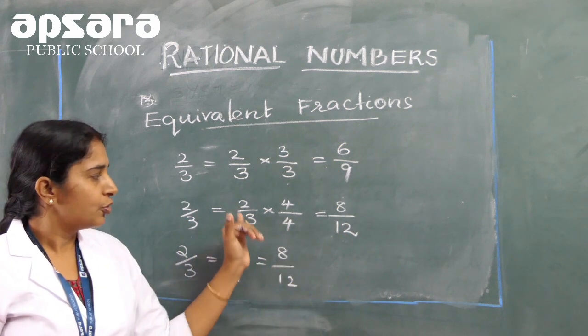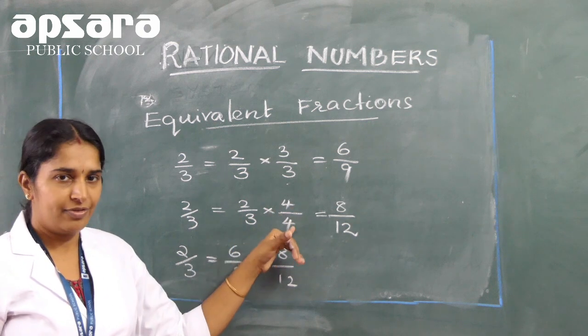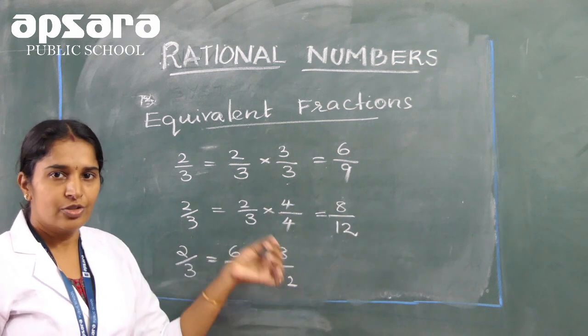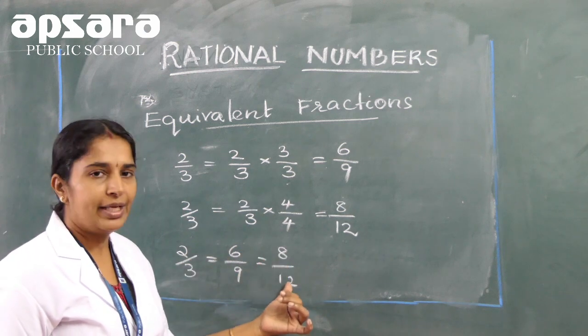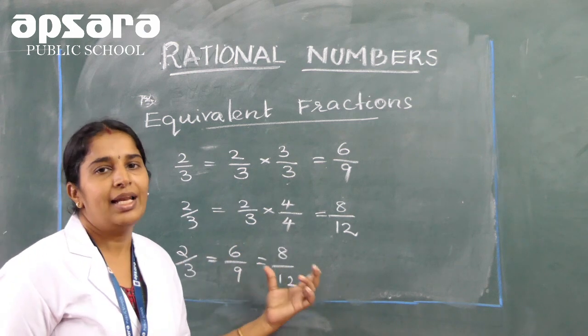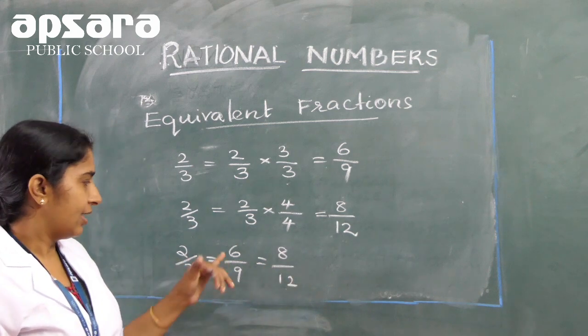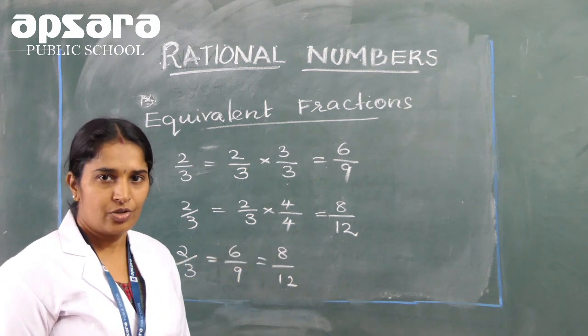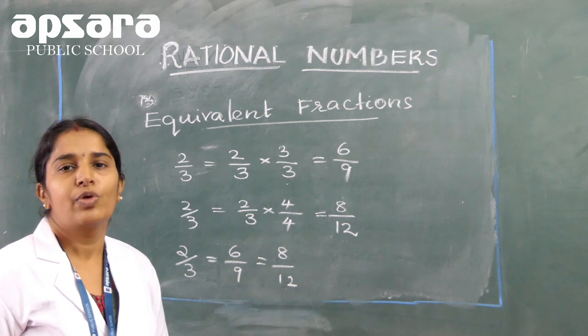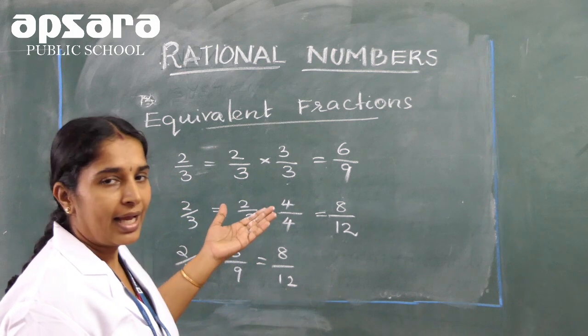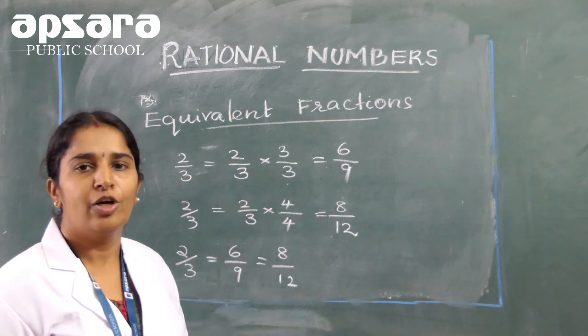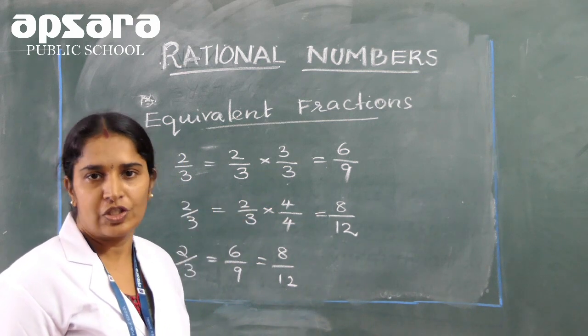You have multiplied 2 by 3 with 4 by 4, and the answer is 8 by 12. So you got that 2 by 3 is equal to 6 by 9, which is equal to 8 by 12. So these are equivalent fractions of 2 by 3, 6 by 9 and 8 by 12. Okay. So how will you obtain equivalent fractions? Equivalent fractions are obtained by multiplying both the numerator and denominator by the same digit.